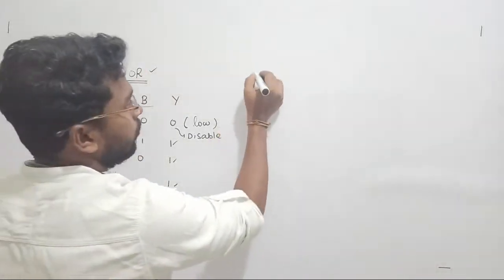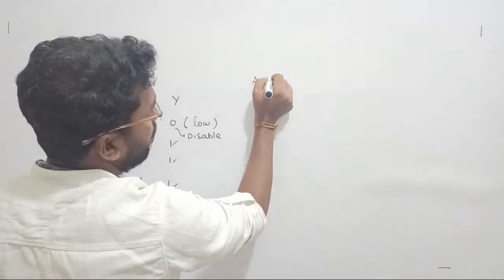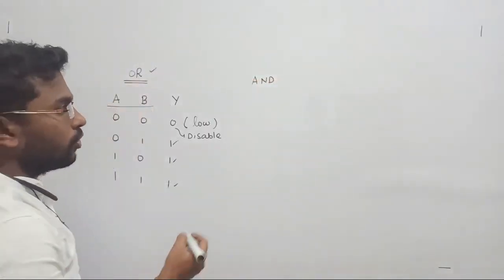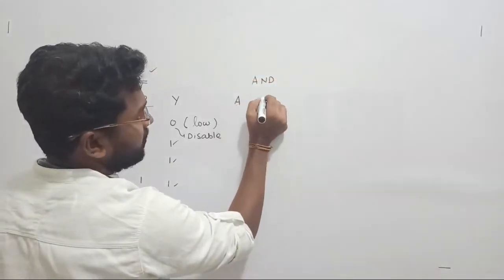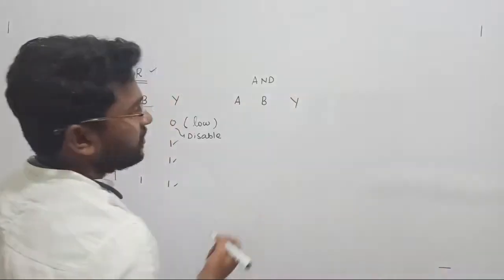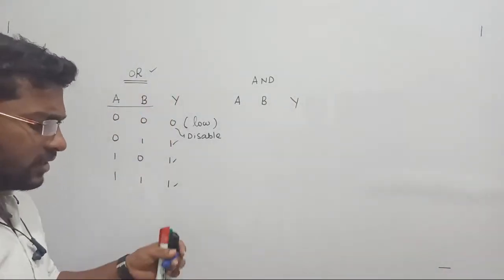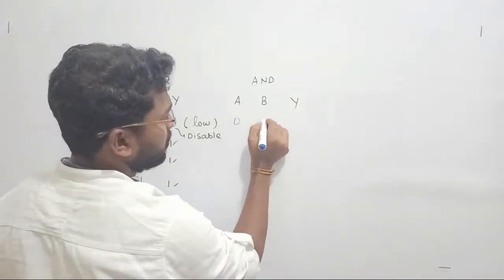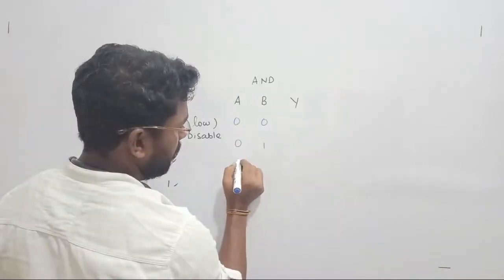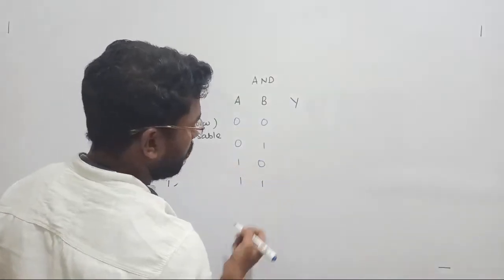Let us discuss the AND operation. In case of AND operation, once again, let us take the inputs A, B, and the output, let us consider, is Y. Now let us consider the four variable combinations 0,0, 0,1, 1,0, 1,1.